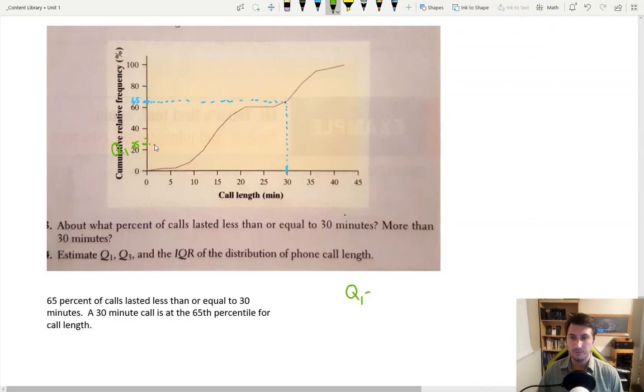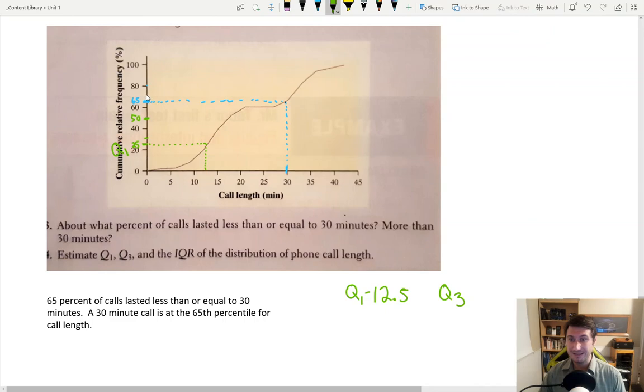Now, where does that put us on our graph? About there. What's between 10 and 15? About 12.5. So that is the 25th percentile. Now Q3. Where does that put us? Again, we're breaking this up into quarters. Don't forget the median is at the 50th percentile, 50% of the data.